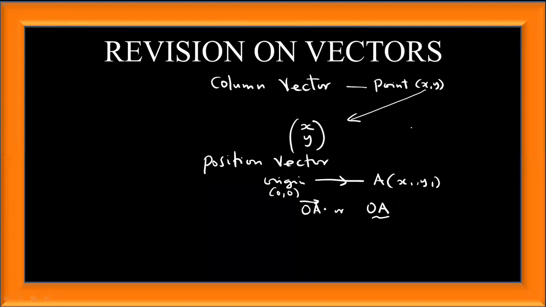Its definition will be written as x1, y1 in the form of a column vector. So this OA is a position vector of A.